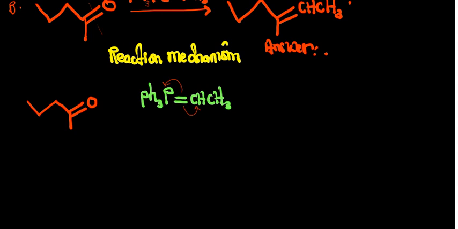We have our carbon here, double bonded to what? The phosphorus, with the lone pairs of electrons there, because you know this bond here is made up of two electrons. So these two electrons are now attaching on the phosphorus, just like I indicated here. And this phosphorus is attached to three phenyl groups, which is PPh3.